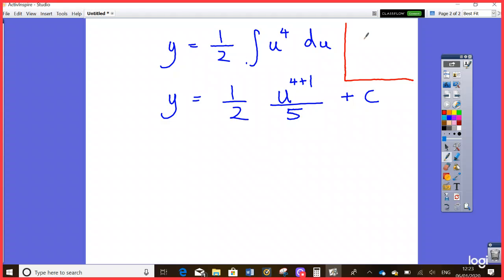If you integrate x to the power n, that is equivalent to x to the power n plus 1 over n plus 1. Okay, so let's move on. I'm doing it slower than usual. So that becomes 5 times 2, because fractions multiplied make 1 over 10, and then u to the power 5 plus c, isn't it?